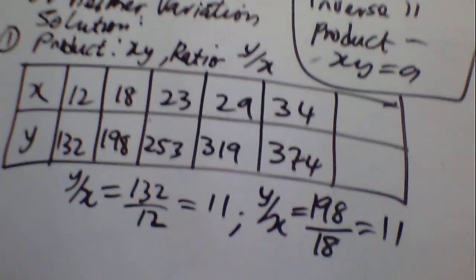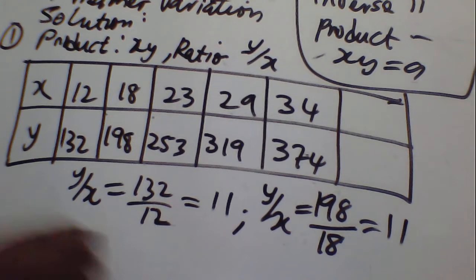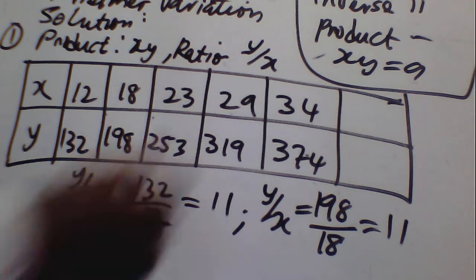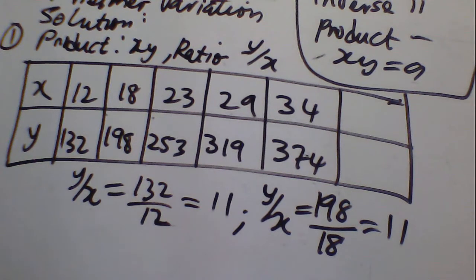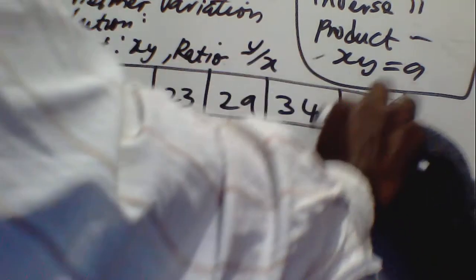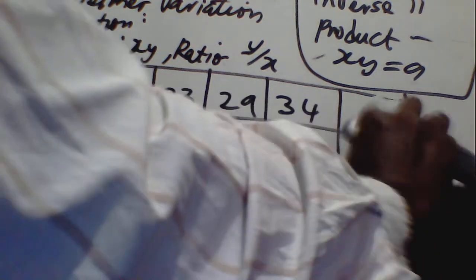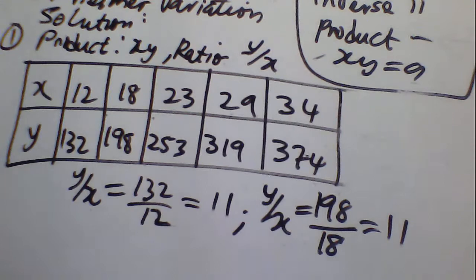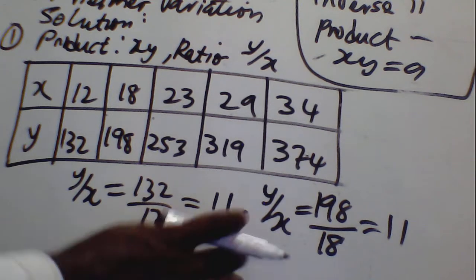But in order to satisfy, since one is promising, we have to complete all of them to make sure that all of them are in order. That is, it is direct, because inverse variation we have already noticed by the product rule is not constant. So let's complete this.